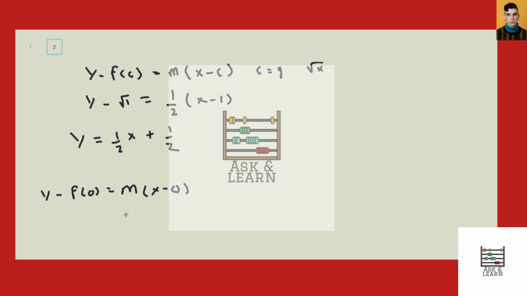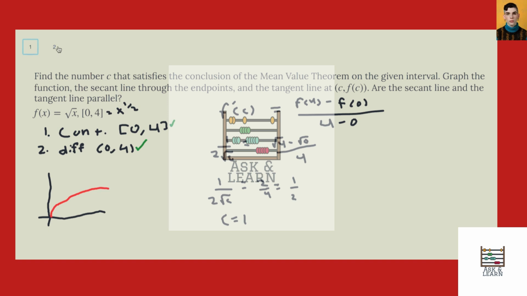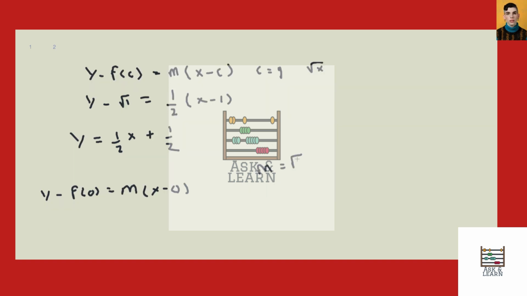The slope is calculated by doing y2 minus y1. Since our interval is 0 to 4, we do y2, which is root 4, minus root 0, all over 4 minus 0. And this just gives us 1/2, and we already knew that. And f of 0, the square root of 0, is 0, so we can just rewrite this as y equals 1/2 x.